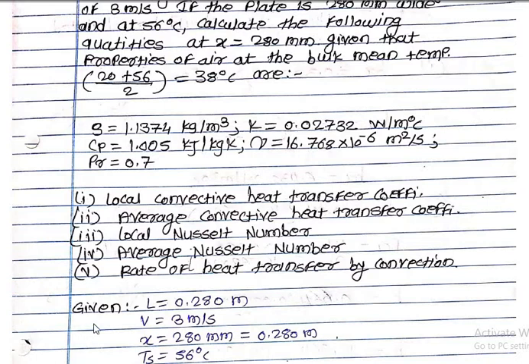So here we can write the given data as L is equal to 0.280, V is equal to 3 meter per second, x, that is nothing but the location of the point where we have to consider the local heat transfer coefficient and the local values. So that point is at a distance of 280 mm from the leading edge. So x is equal to 280 mm is equal to 0.280.